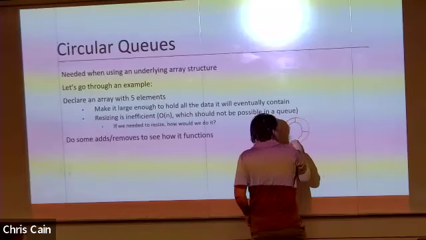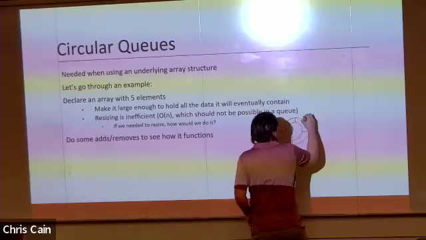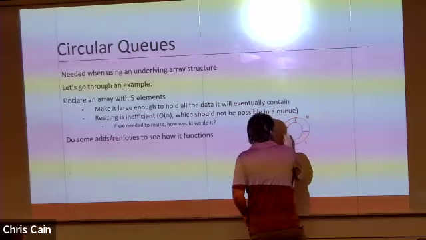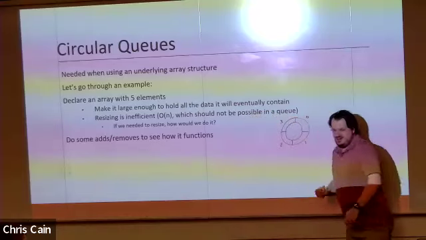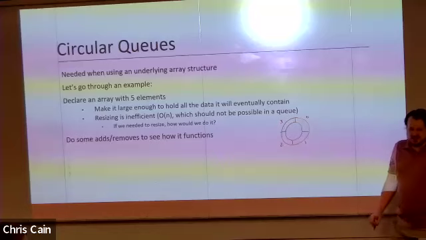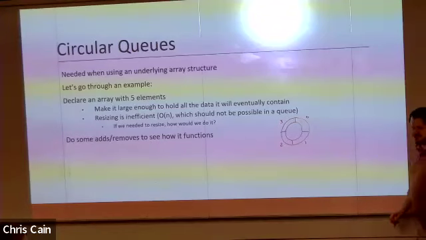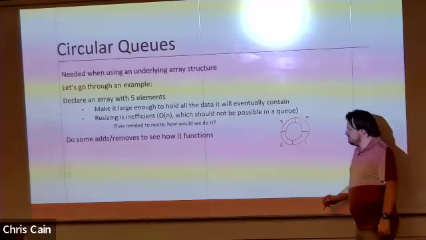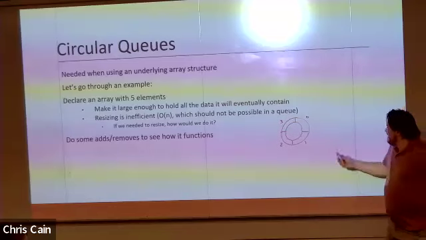We have index 0, 1, 2, and 3 on a circle that looks like something that might try to save your life if you ever start drowning, but we're going to call this a circular array.